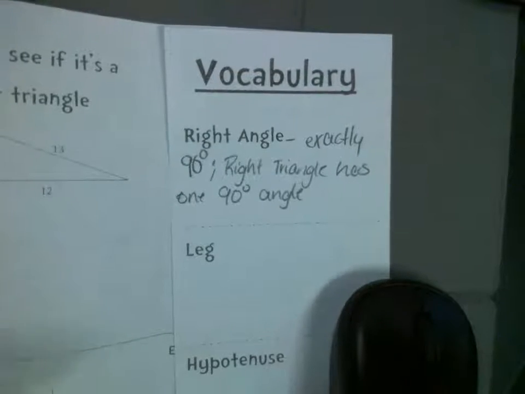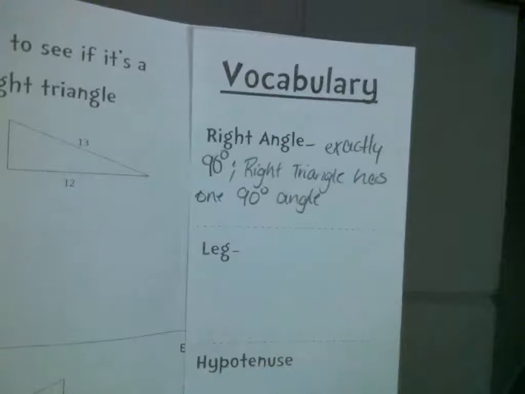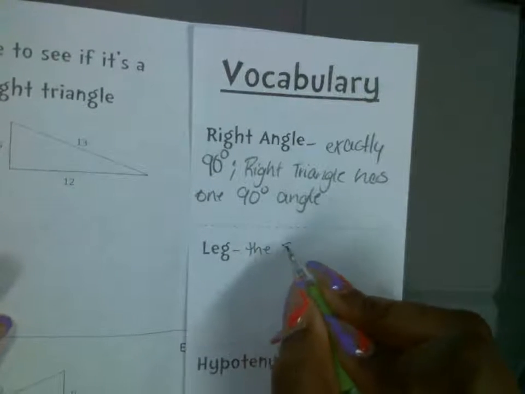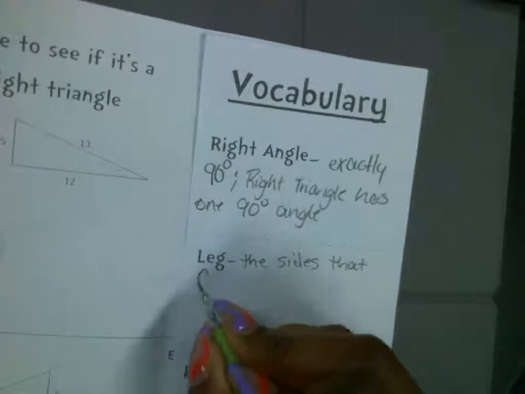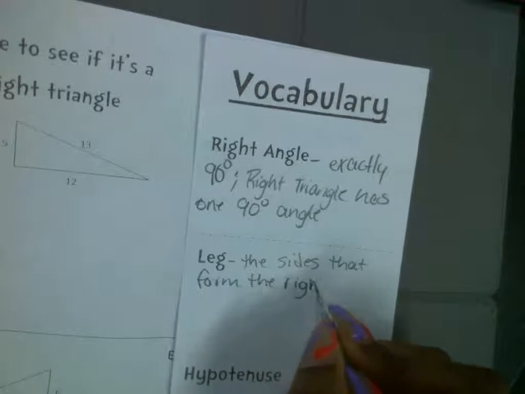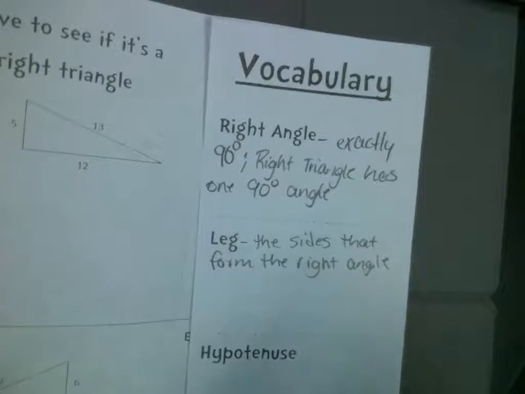All right, legs. The legs are going to be your A and your B. It's the sides that form the right angle. It's those sides that form the right angle.